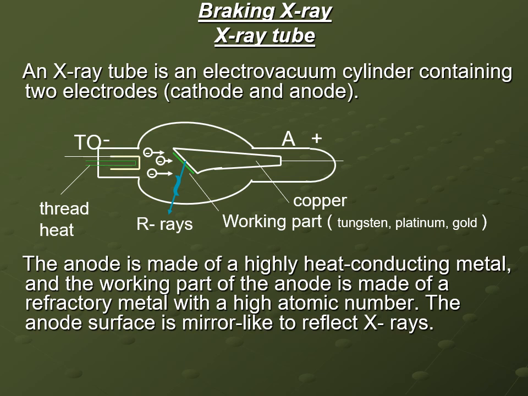And besides, the working part of the anode must be mirrored to reflect X-rays. You can also add that we can have a cooling system for the anode: an air cooling system, a water cooling system, and also an oil cooling system.